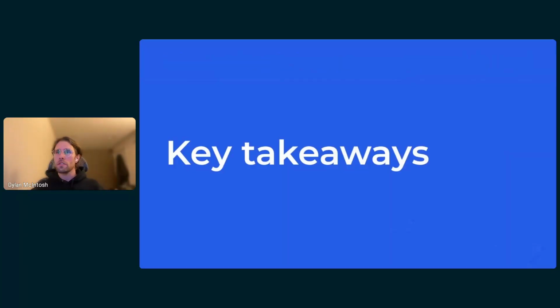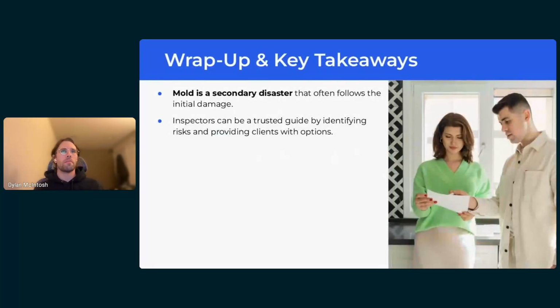So just some really quick summaries before we jump to questions. Mold is oftentimes a secondary concern after the initial severe weather event. Like I mentioned before, if there's severe flooding or wind damage or tornado damage or fire damage, that is almost always the primary concern.